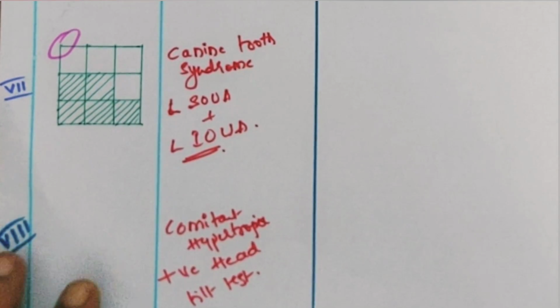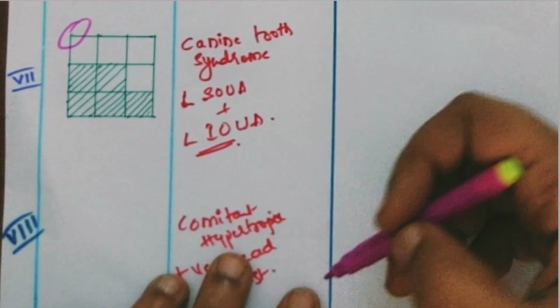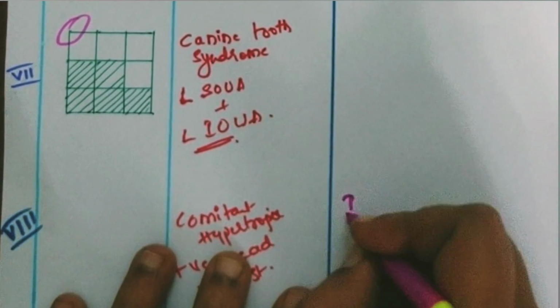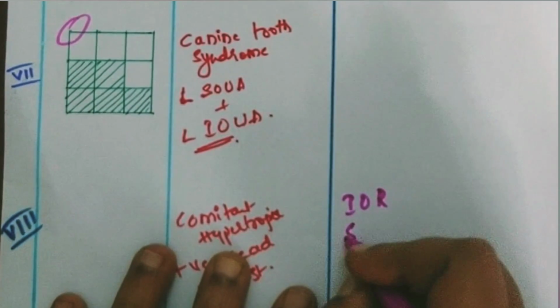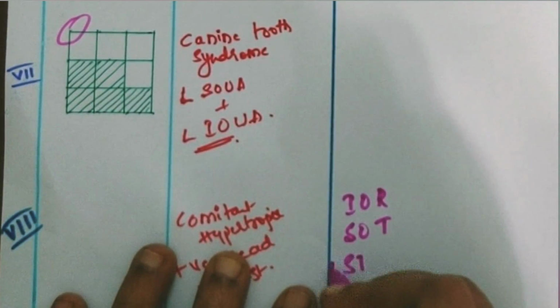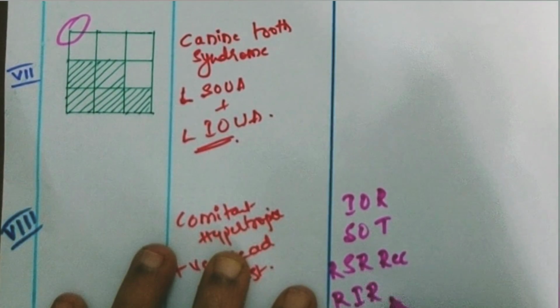In case of class 8, where there is comitant hypertropia with positive head tilt test, consider a combination of all these, that is inferior oblique recession or superior oblique tuck, contralateral superior rectus recession or contralateral inferior rectus recession.